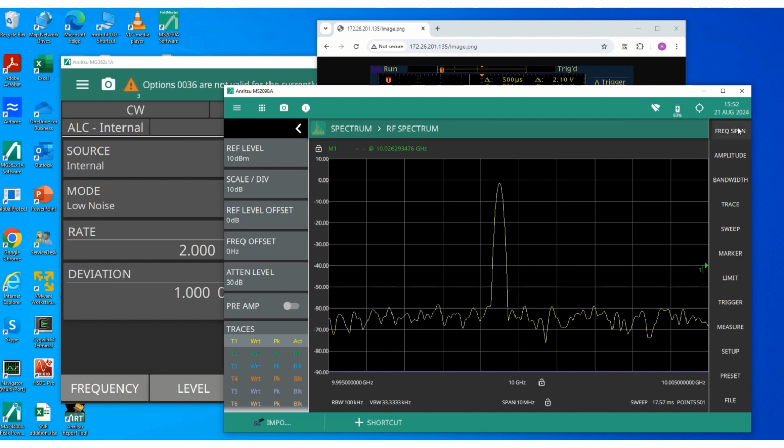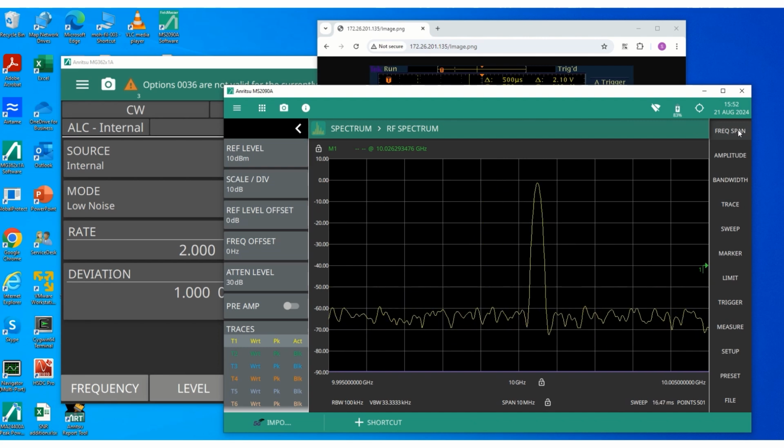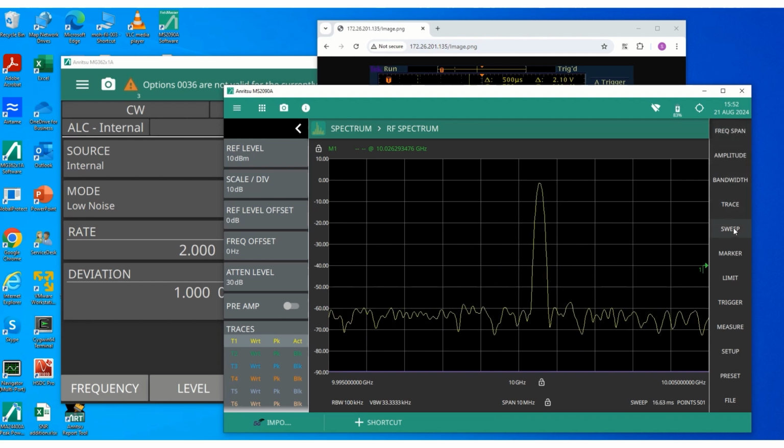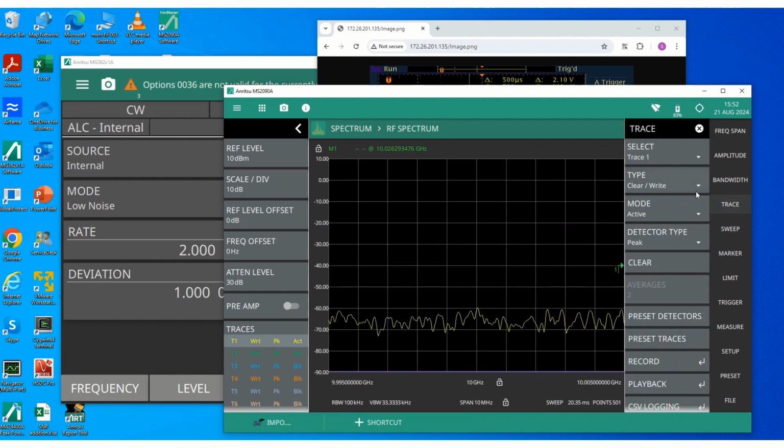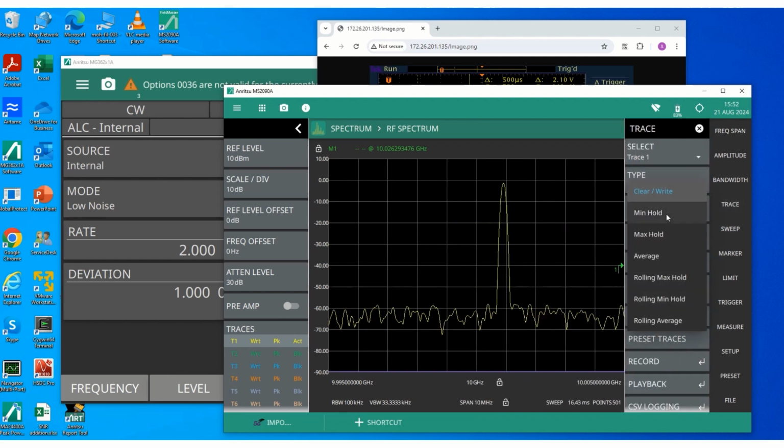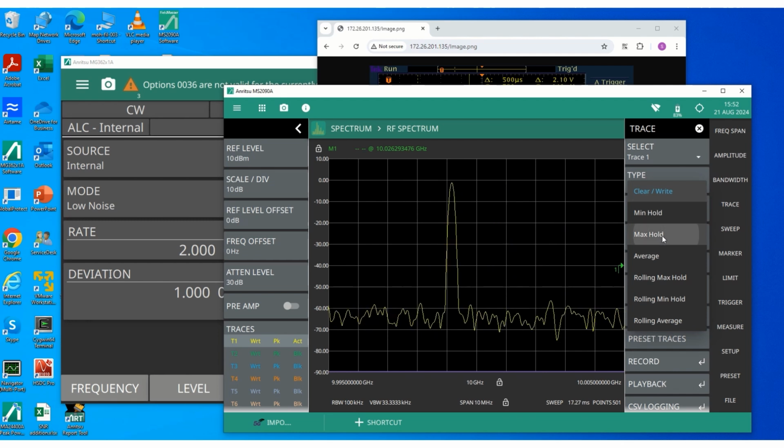And in order to see more clearly what the total plus minus deviation span is, we will choose the trace type and do a max hold.